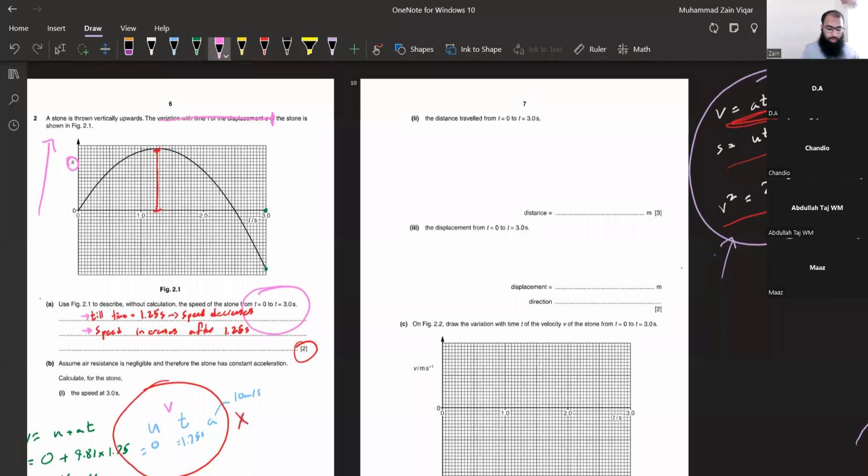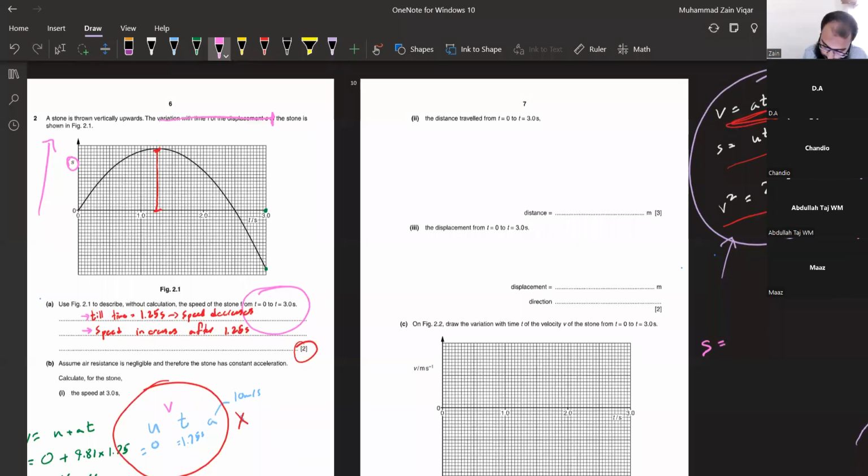Can we use the formula S equals V minus half at square? That's not even a formula. It's a derived formula, you say?